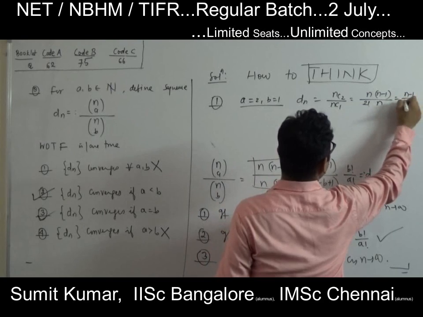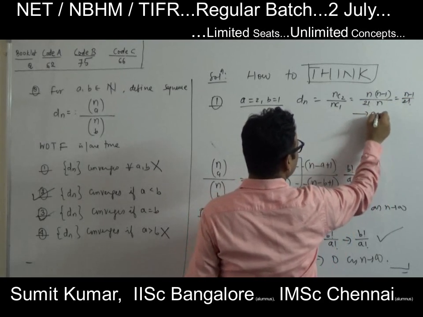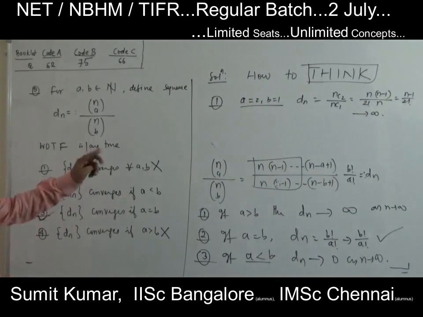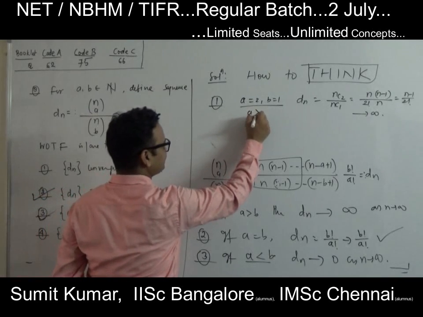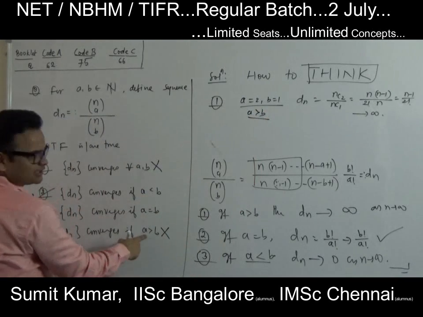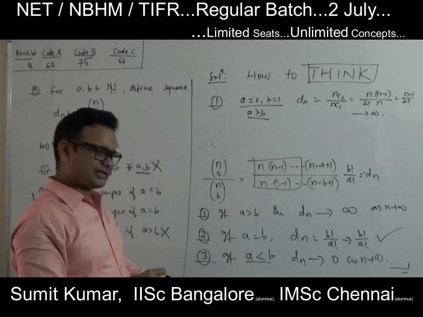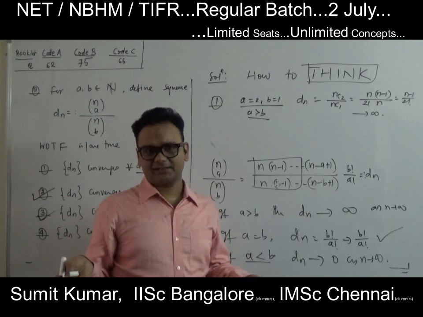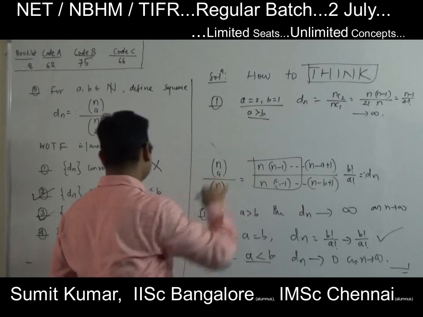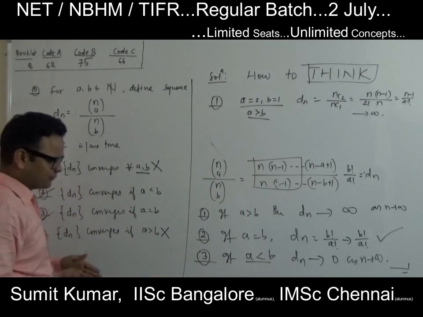That gives n minus 1 by 2 factorial, and this tends to infinity. Here A is greater than B, so this option is false. For all A, B means I can consider A greater than or equal to B. This is the way to discard the first and fourth options.